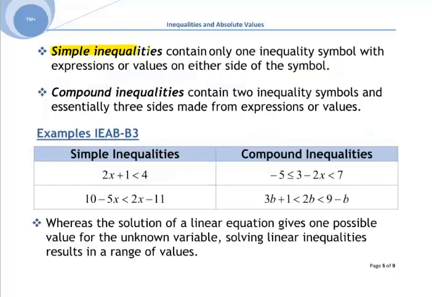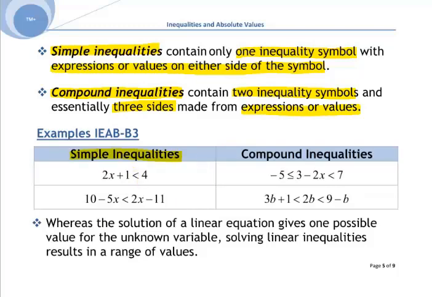The simple inequalities contain only one inequality symbol. So we have expressions or values on either side of that symbol. So we essentially have 2 parts. In contrast, compound inequalities contain 2 inequality symbols. So there's essentially 3 parts of the expression or value. So if we look here in this column, we have simple inequalities.